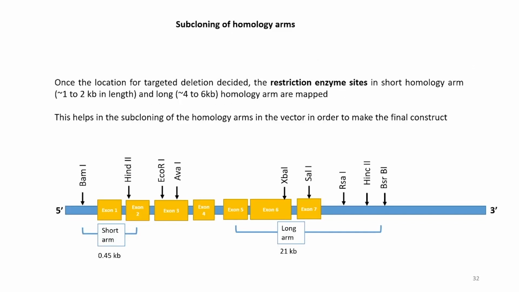Let us now discuss subcloning of the homology arms. Once the location for targeted deletion is decided, the restriction enzyme sites in the short homology arm, around 1 to 2 kb inland, and the long homology arm, 4 to 6 kb long, are mapped.